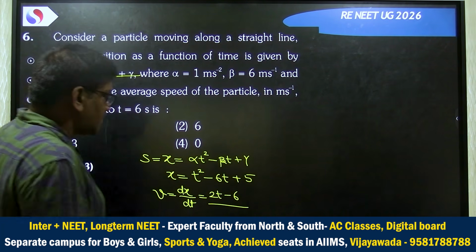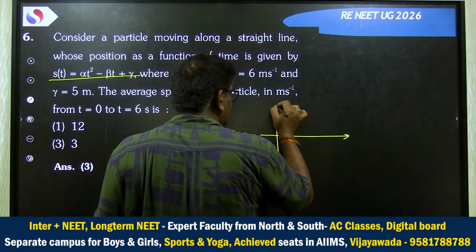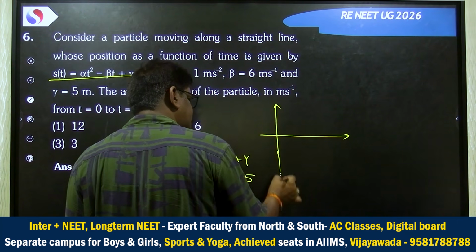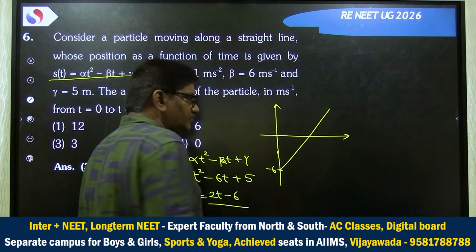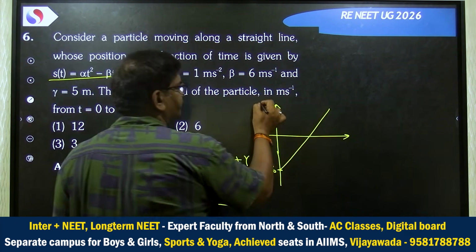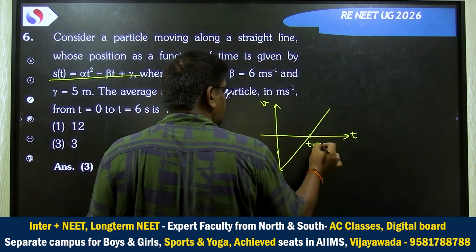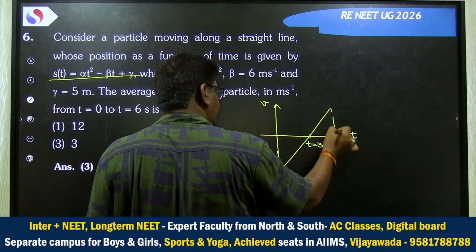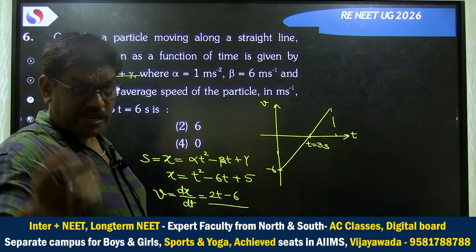This is the velocity graph, which is a linear graph. That means its intercept will be minus 6 and its slope will be 2. Also, at t equals 3 seconds, the velocity becomes 0. That means at t equals 3 seconds, the motion changes its direction.